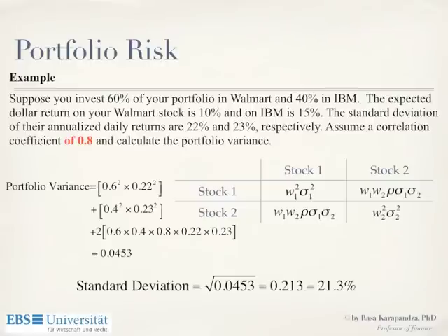We can calculate it, but it's enough to know that it's between 10 and 15 for what I want to say. But what is the standard deviation of this portfolio? It actually is smaller than either of these two standard deviations taken apart. So 21.3 is less than 22, which is less than 23.